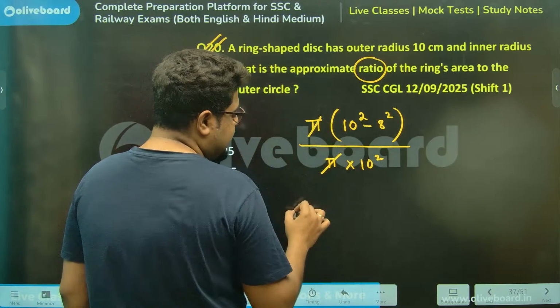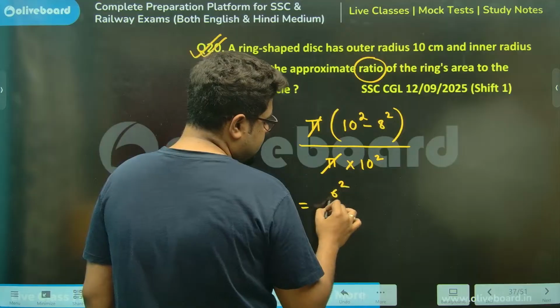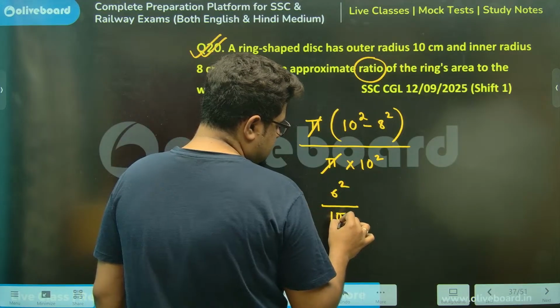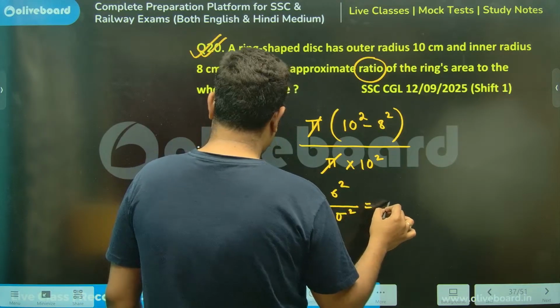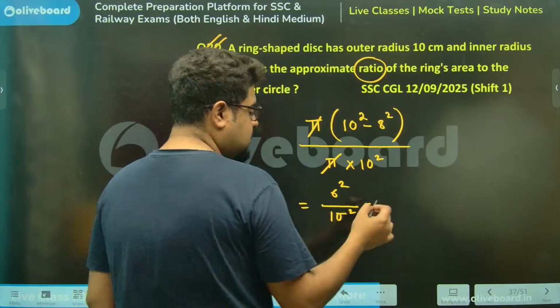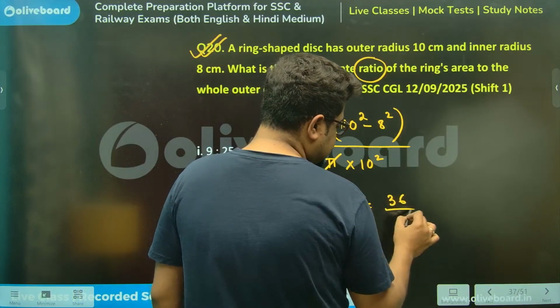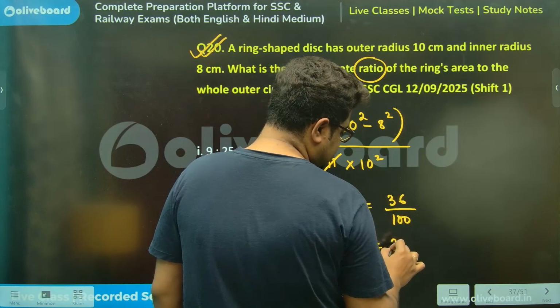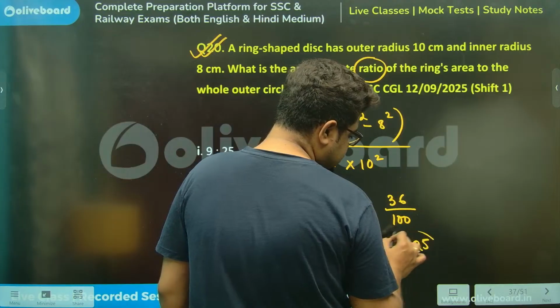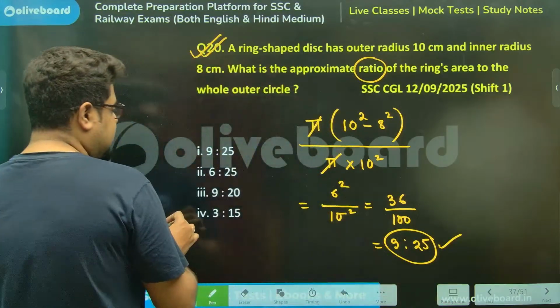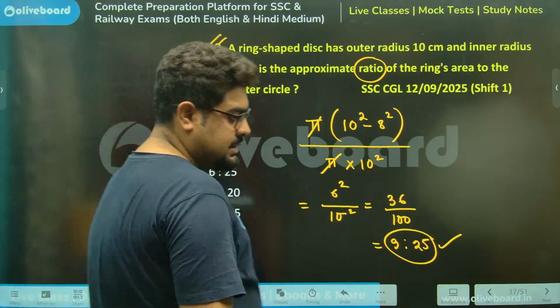So 10 square minus 8 square will give you 6 square. 10 square. So this will be 36 by 100. So 4 nines, 25s. 9 is to 25. Option number 1 is the answer.